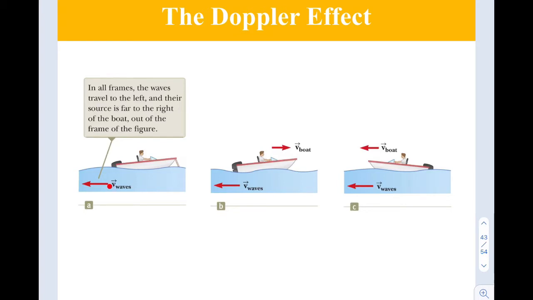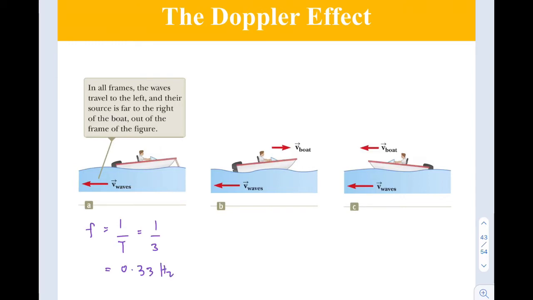If you set your watch to t equal to 0 just as one crest hits, the watch reads 3 seconds when the next crest hits, 6 seconds when the third crest hits, and so on. From the observation, you can conclude that the wave frequency is f equal to 1 over T, which is 1 over 3, equal to 0.33 Hertz.